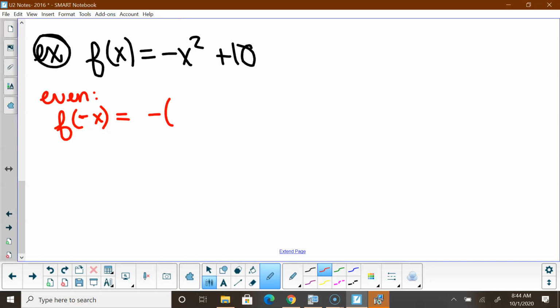Negative x squared plus 10. So what was that negative squared thing again? It becomes positive. So this ends up being negative x squared plus 10. Is that the same thing as this? Yes, so it is even.